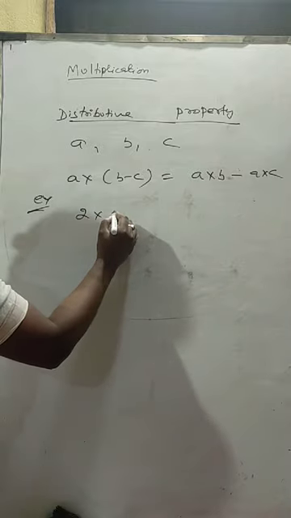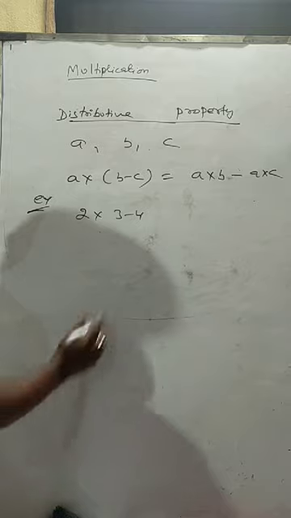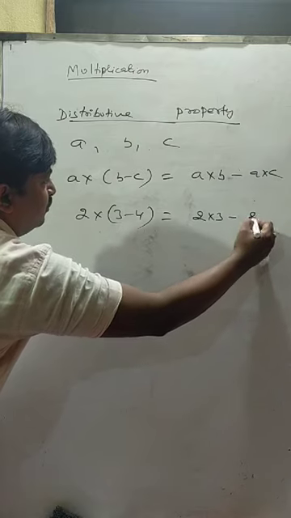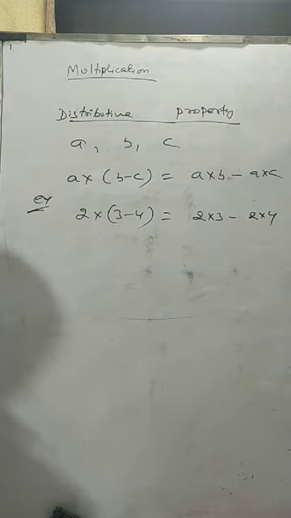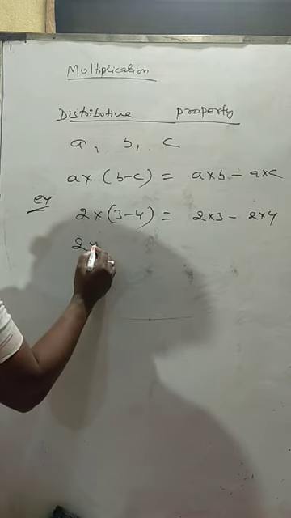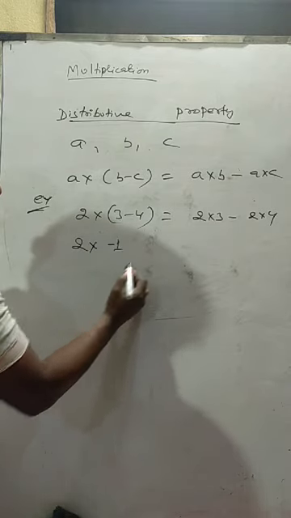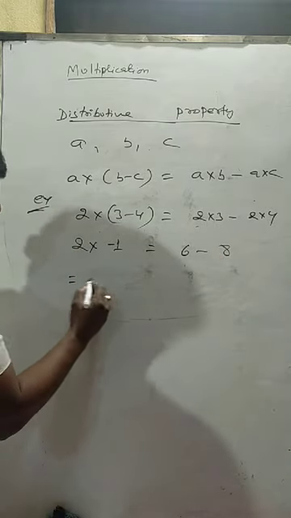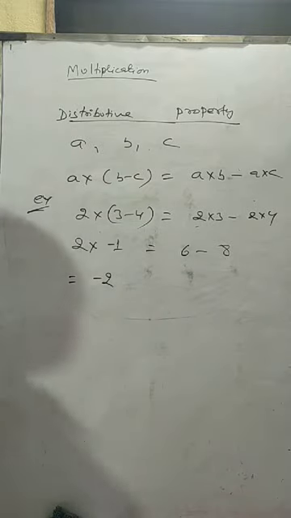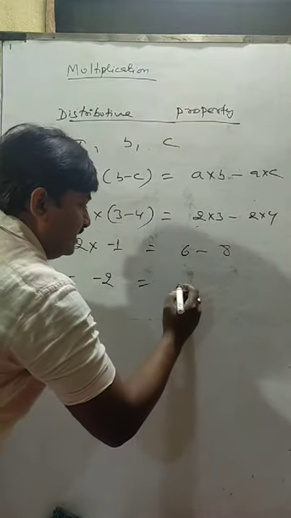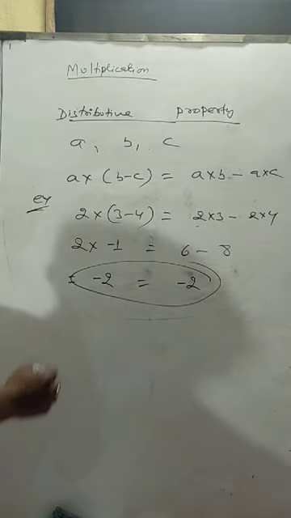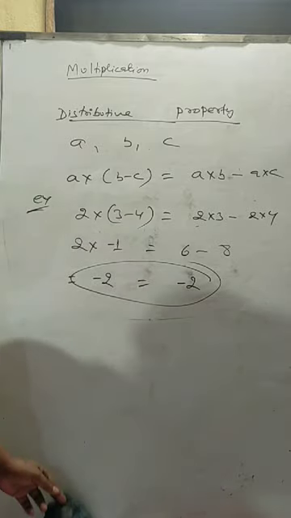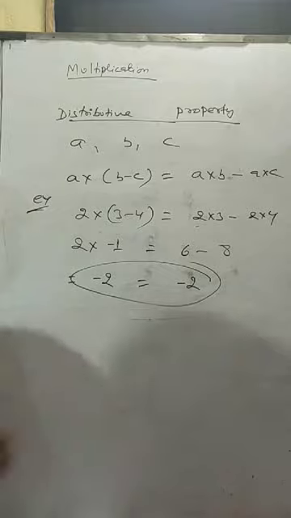So 2 × (3 − 4) is equal to 2 × 3 − 2 × 4. Here 3 − 4 is −1, so 2 × (−1) is −2. On the other side, 2 × 3 is 6 and 2 × 4 is 8, so 6 − 8 is equal to −2. Both are equal. So this distributive property can be applied with addition as well as with subtraction.